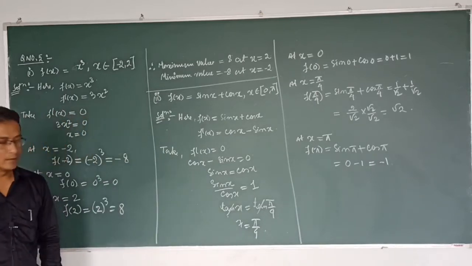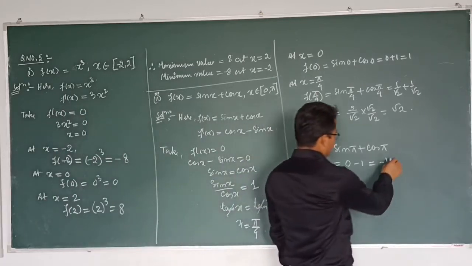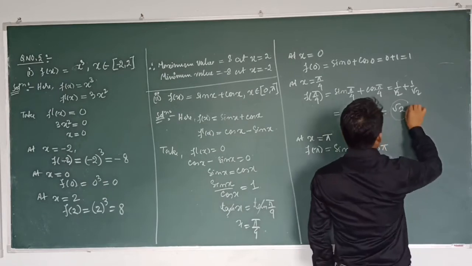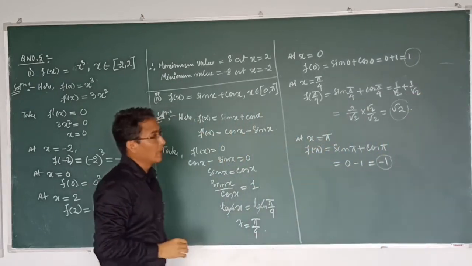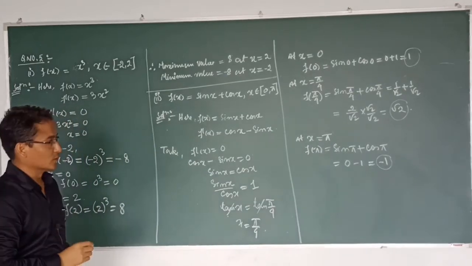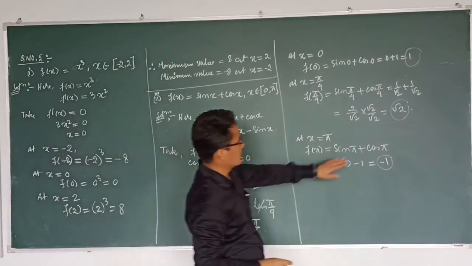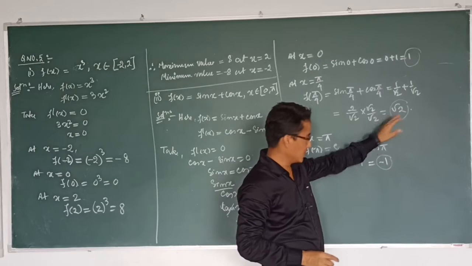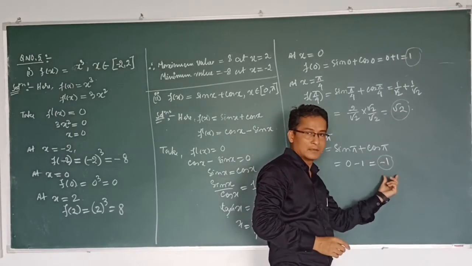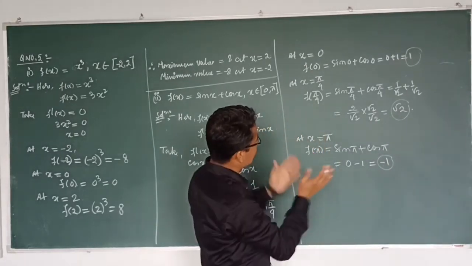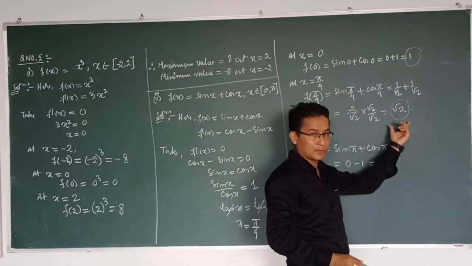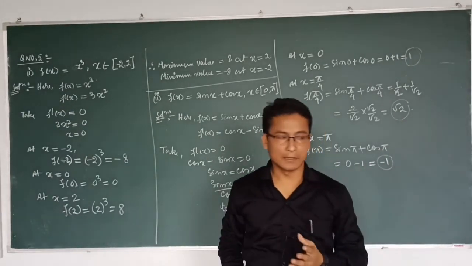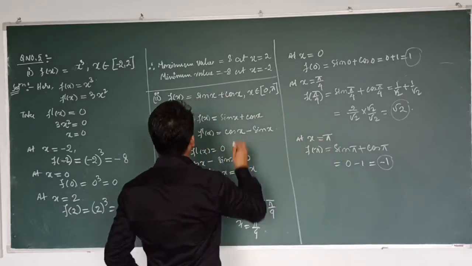Now we will see from these values which is greater and which is smaller. The greatest value is this, and the absolute minimum is this. So in this given interval we get the absolute minimum this, and the absolute maximum is root 2.